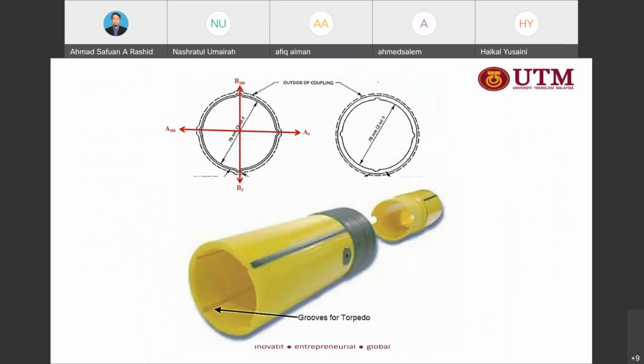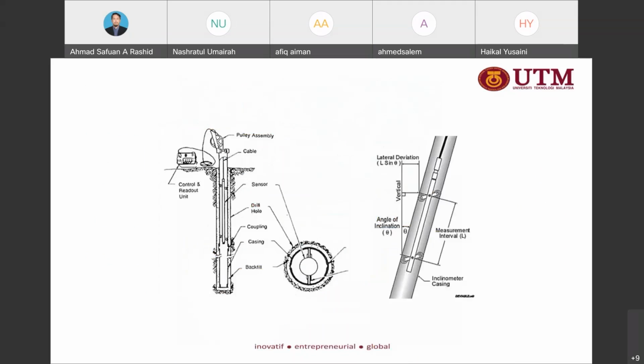So this groove allows the inclinometer to be included during the measuring process. So this is the inclinometer. They will measure the incline of the soil after the installation, for a certain period of time.